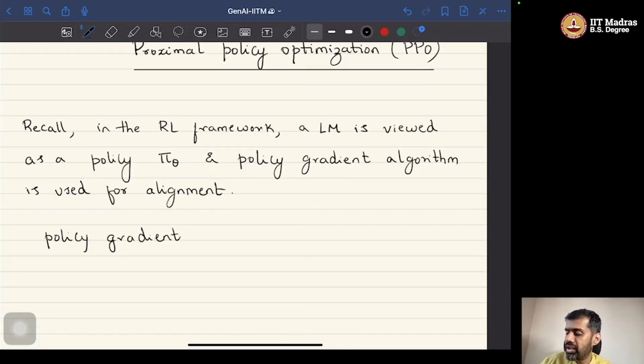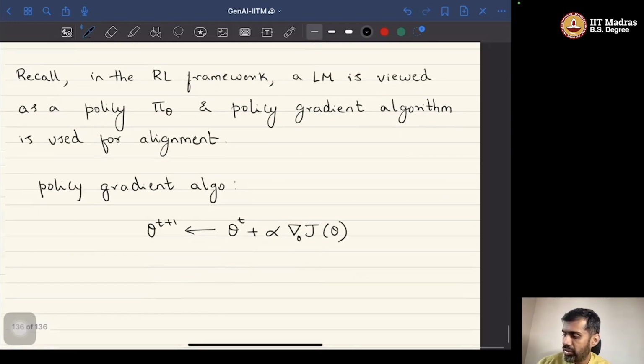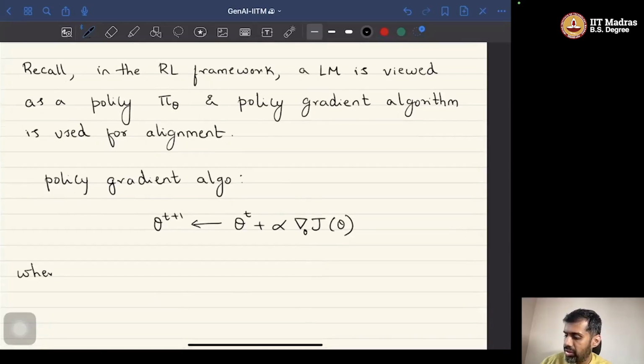The policy gradient algorithm effectively updates the policy using this particular gradient update, where theta represents the parameters of the policy, by doing a gradient ascent on an objective function J theta, where we obtained an estimate for the gradient of the objective function, which was the discounted return.